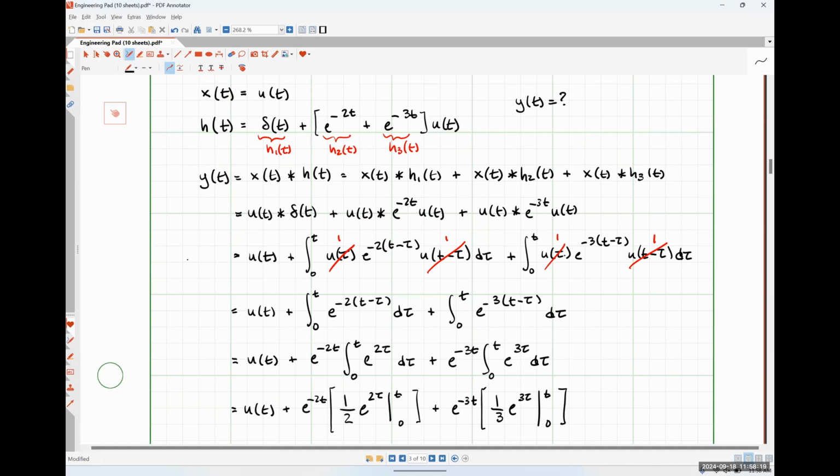And this guy right here would have given me a 1/3 e to the minus 3t minus 1/3, which is what this thing is giving me anyway. And I wouldn't have had to do this multiplication to wash those things out. It would have just fallen out naturally. So yeah, you're 100% right. If I had made a better choice for where I was substituting t minus tau and where I was substituting tau, it would have made this math easier. Very, very true.